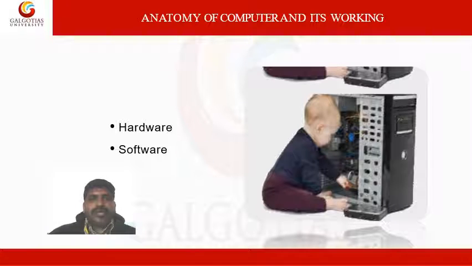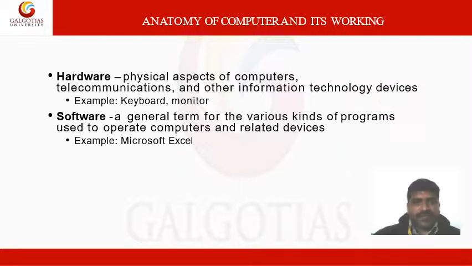Anatomy of a computer and its working. There are two themes in the computer: one is hardware and another one is software. In today's class we will discuss what hardware is and what software is. Hardware: the physical aspects of computers, telecommunication and other information technology devices are called hardware. Examples: keyboard, monitor, mouse, joystick.